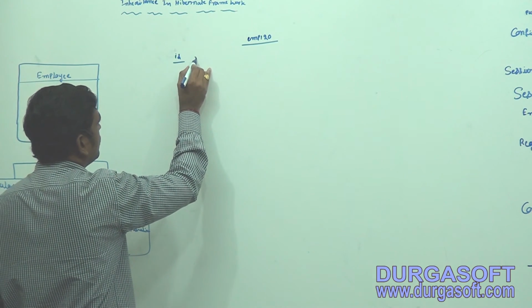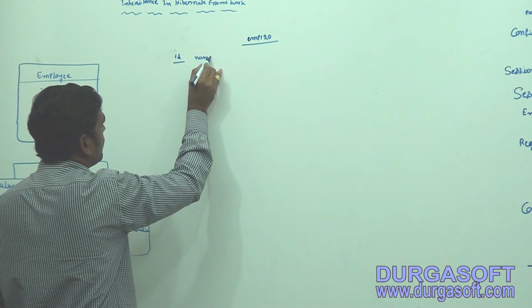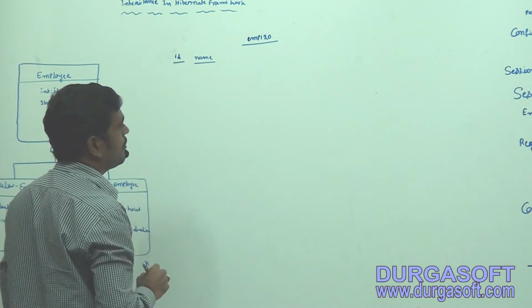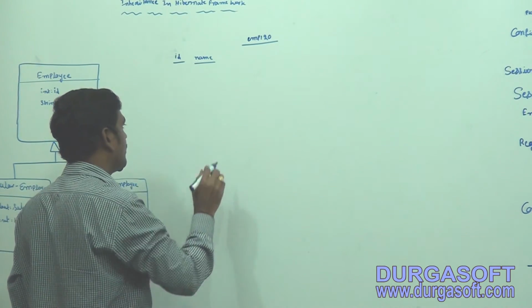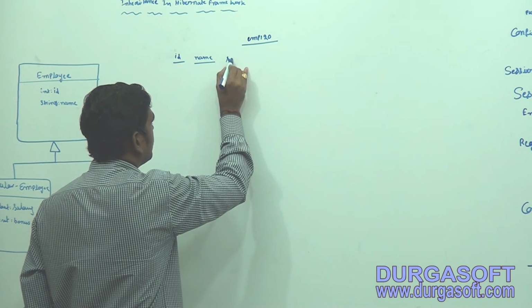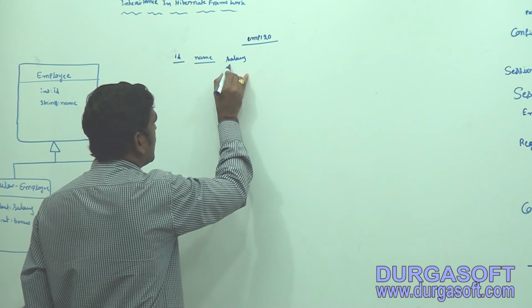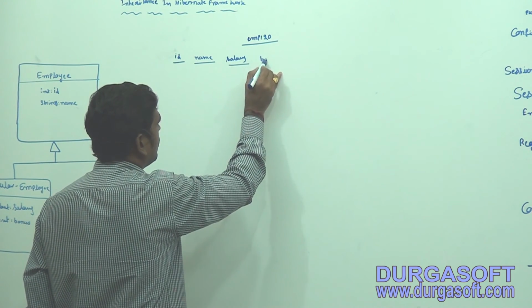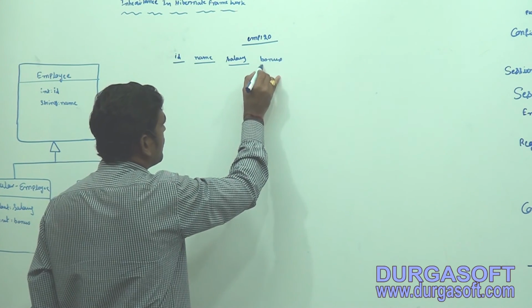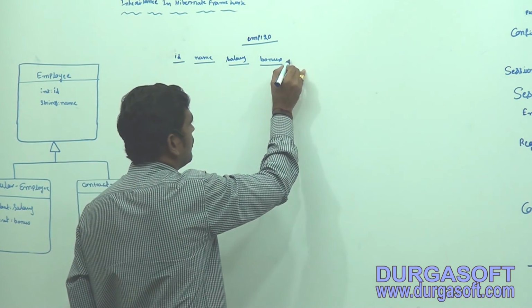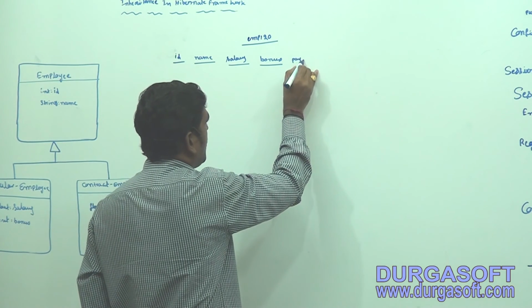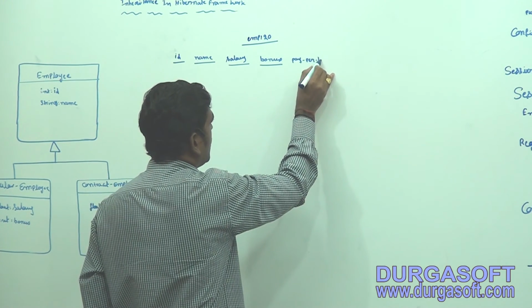Number 2, name. Number 3, salary. Number 4, bonus. Number 5, pay per hour.